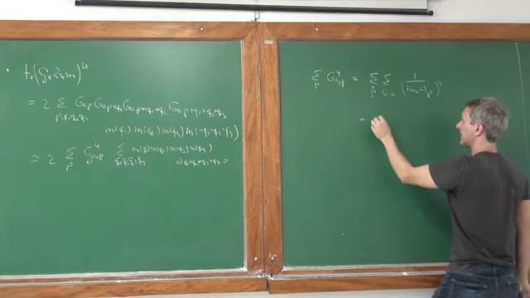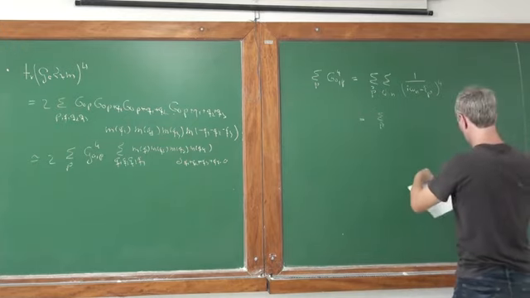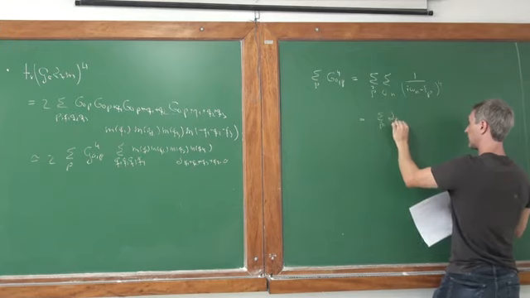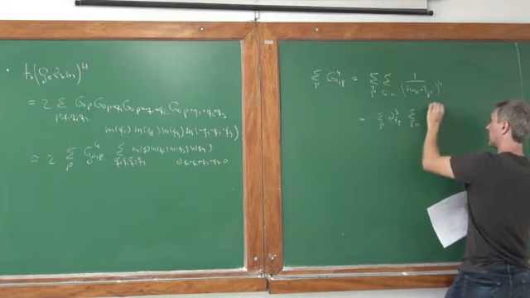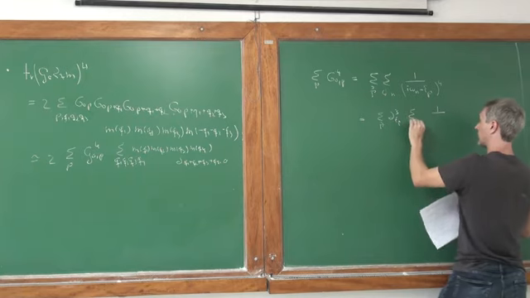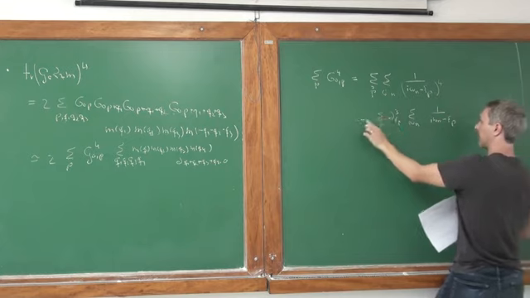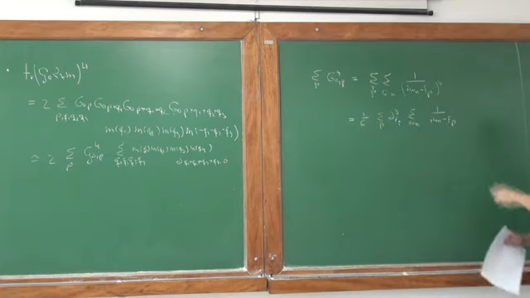So I can write this as P, so 3 times epsilon n omega n minus Cp, and then I have to compensate for the factor 6 and generate on this. Okay?